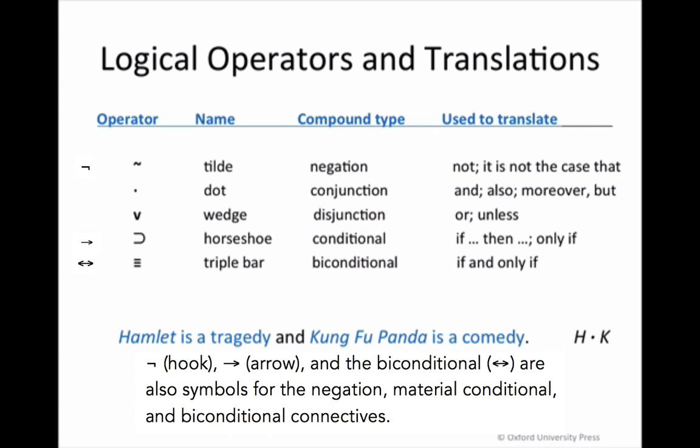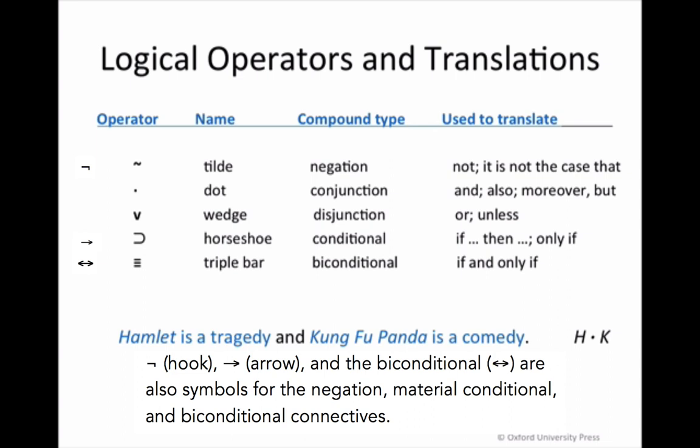And conditional statements typically come in the form of if then or only if sentences. Lastly, the triple bar is an operator that we use to translate if and only if phrases, or sometimes, far more commonly than if and only if, you'll see a phrase like is a necessary and sufficient condition for.